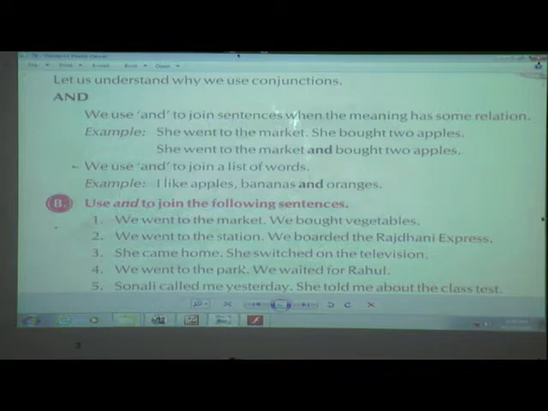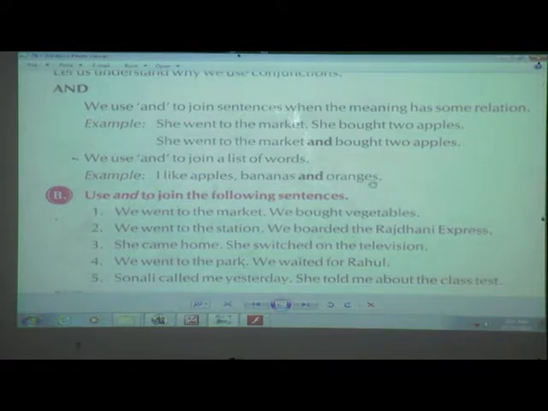Here can you see two sentences, that she went to the market, she bought 2 apples. So there is a relation between both the sentences. So we are going to use the conjunction and. Not only with this, but we are going to use and to join a list of words. For example, apples, bananas, and oranges. Okay? So the conjunction and is used for these two purposes.